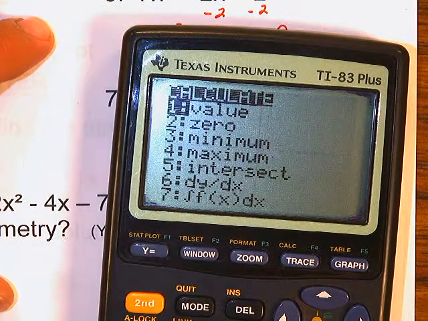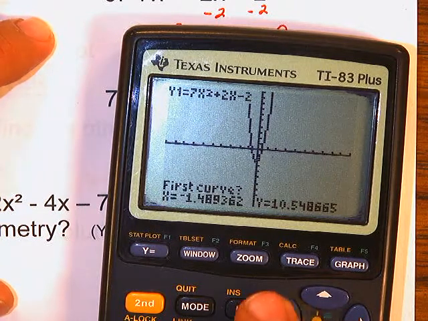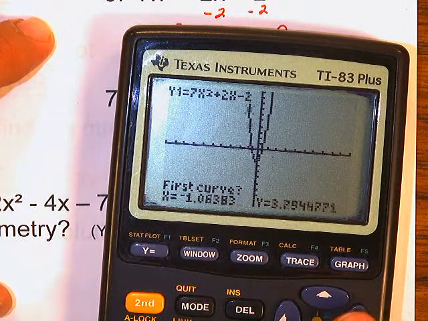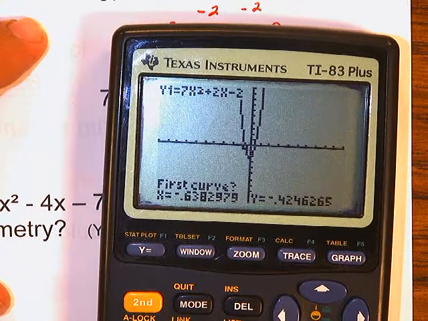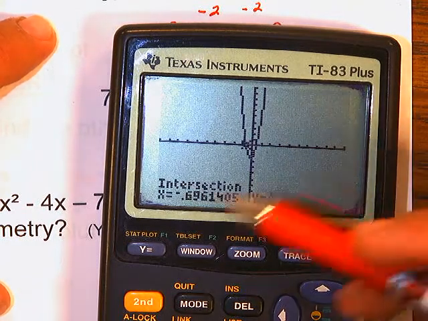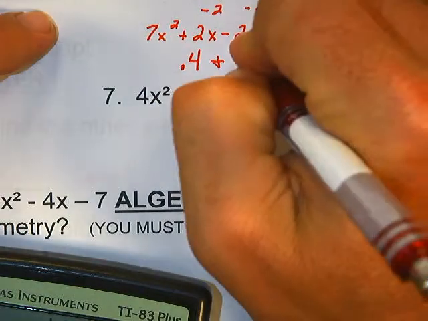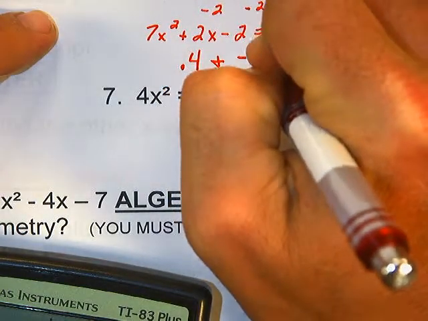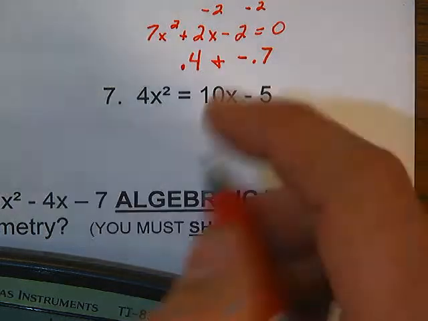Second calc number 5 again, move it to the other one. Okay, close to it, hit enter 3 times. Second solution is at negative 0.7. Okay, so there are my 2 solutions.